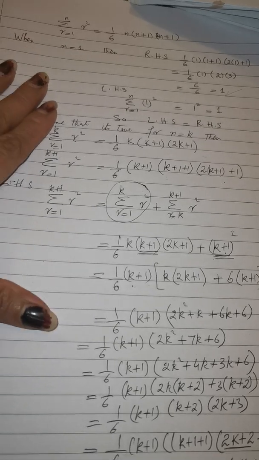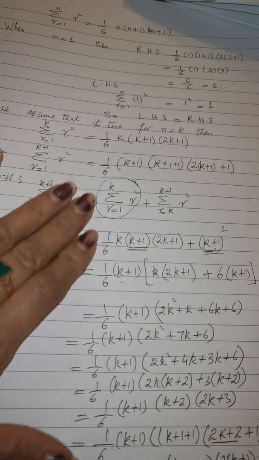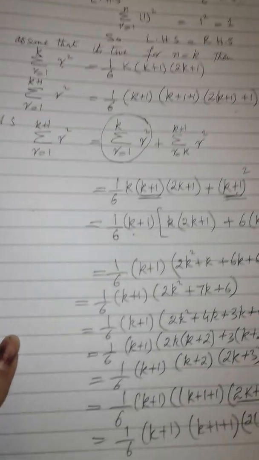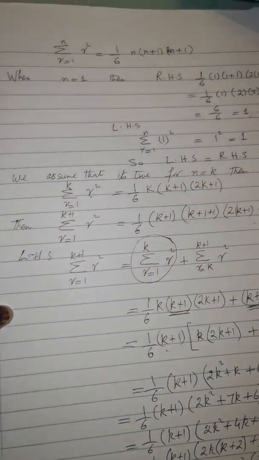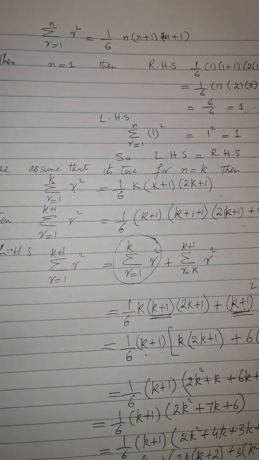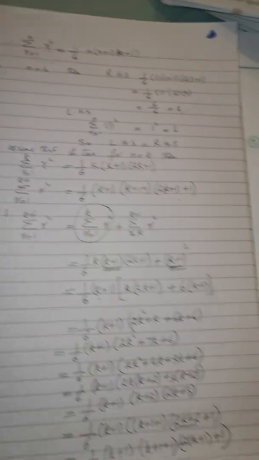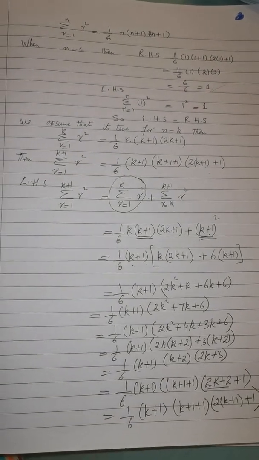And as we have shown that this is true for n is equal to 1, it must be true for all values of n greater than or equal to 1. So this is the proof of this formula by induction method. Hopefully you can understand it.